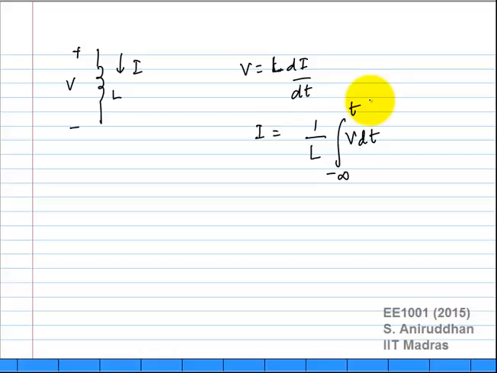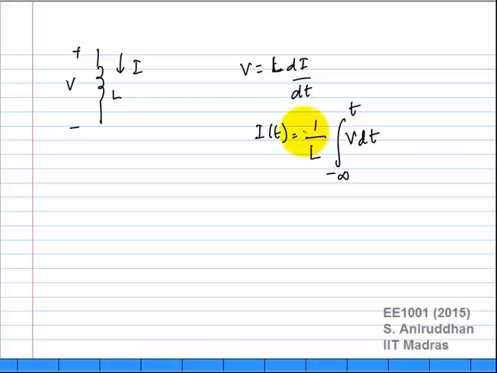In other words, this is an element with memory. The instantaneous voltage current relationship depends on the past values of voltages and currents. In this particular case, the I of t not only depends on V of t, but it also depends on all the past values of t.